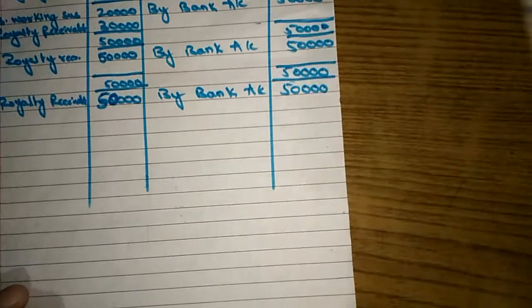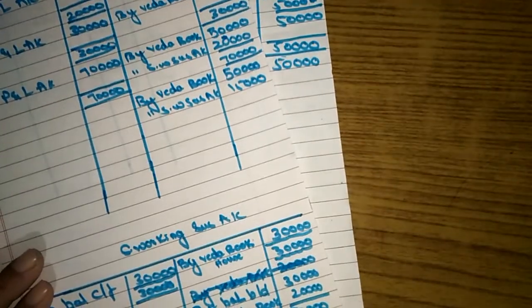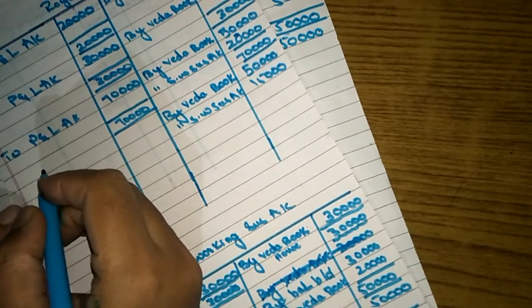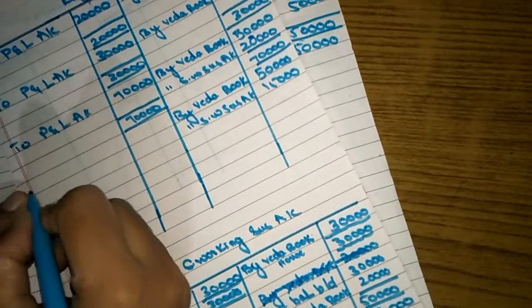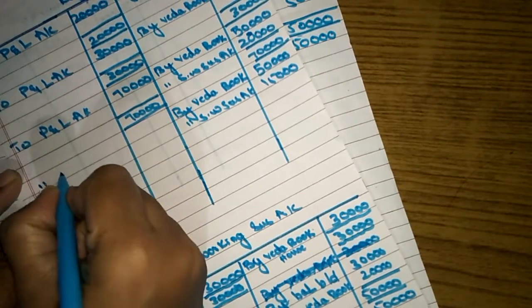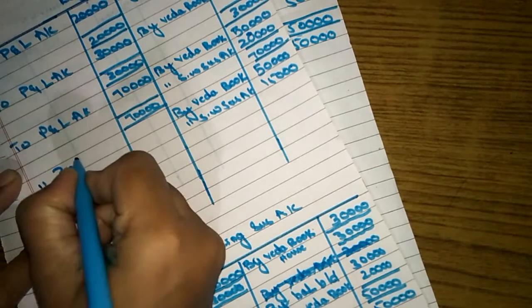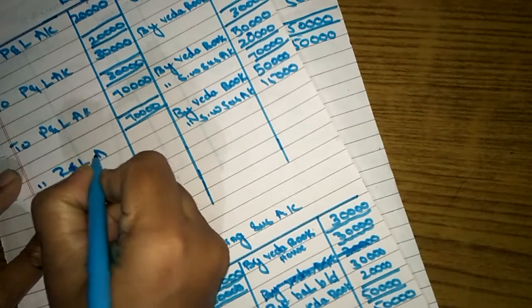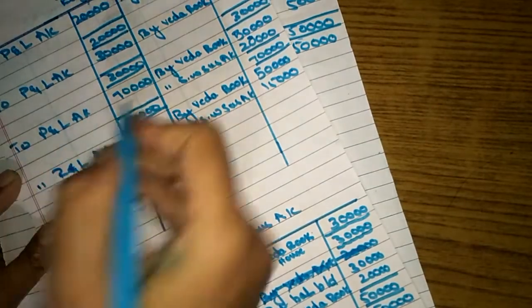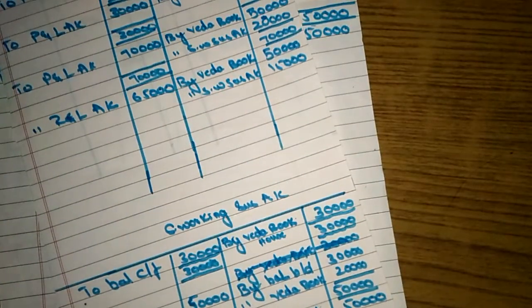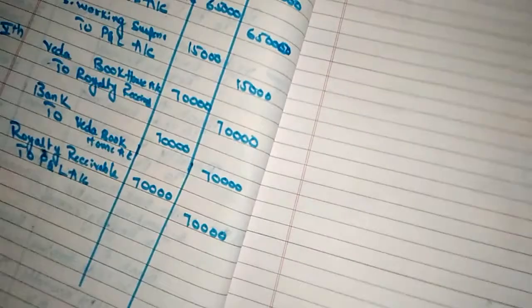And the third entry is for transferring royalty receivable to P&L account. So to P&L account, it's 65,000.